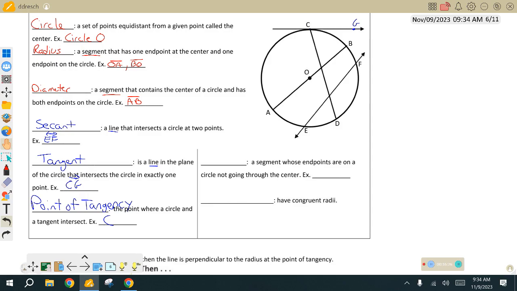T-A-N-G-E-N-C-Y. So that's what we call the point of tangency, where that tangent, segment, line, ray, whatever, comes in and just kisses that circle and just moves on.